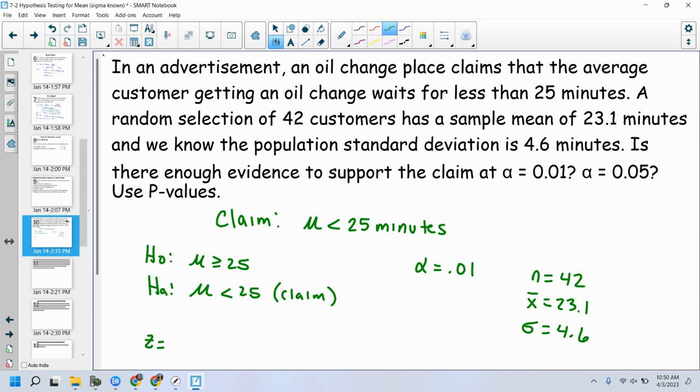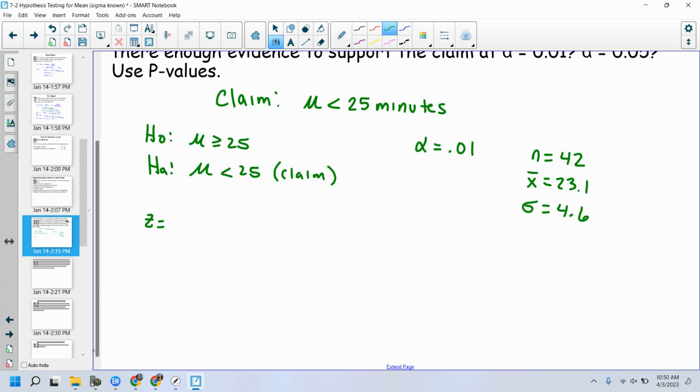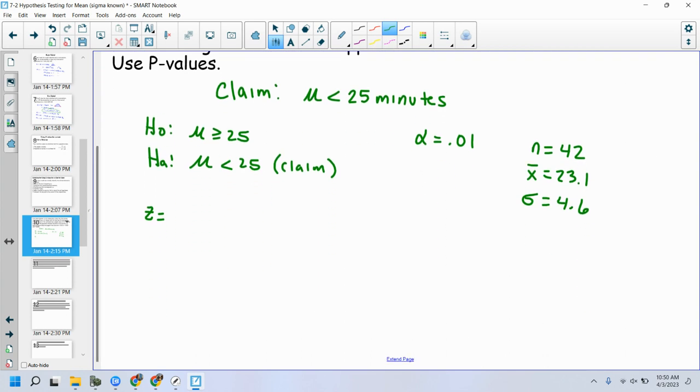Okay, I have everything that I need for my z-score. X bar minus mu divided by sigma over square root of n. Let's calculate that.